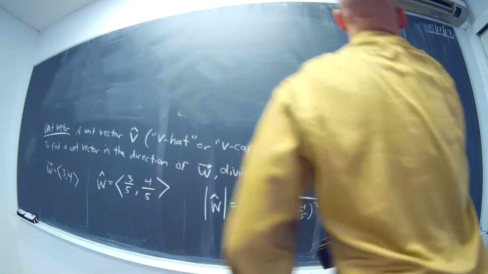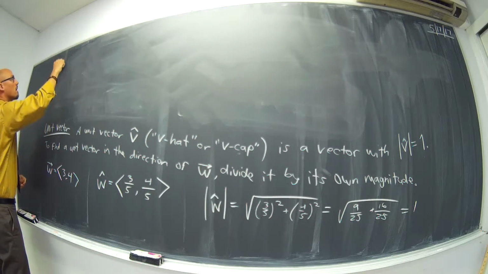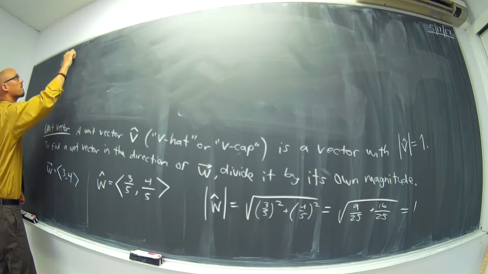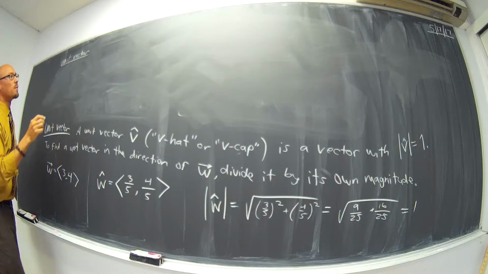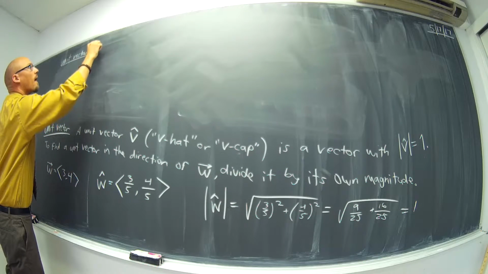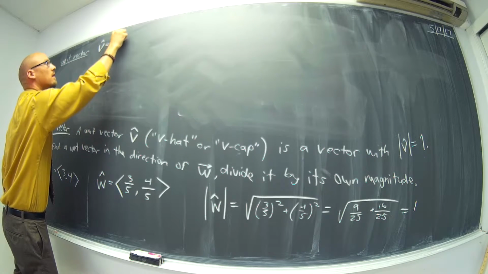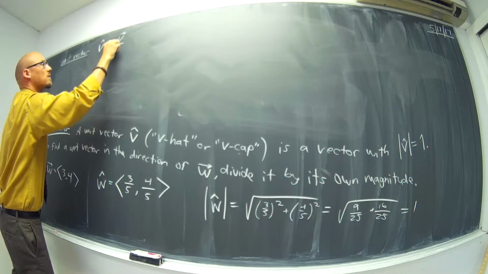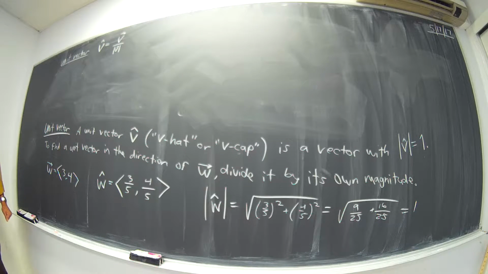So a unit vector, we could say v hat is equal to the vector v divided by its magnitude.